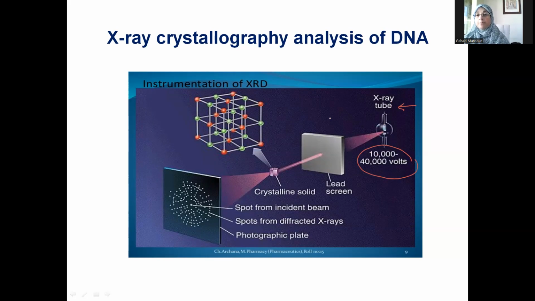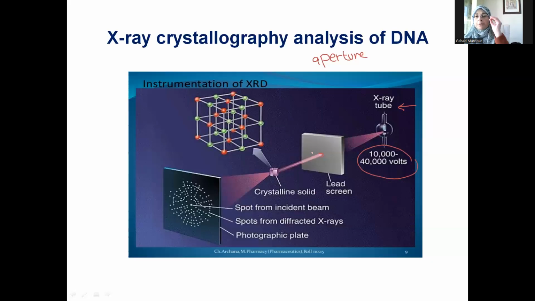This X-ray will pass through a lead screen. As you know, the lead screen prevents the passage of X-rays. That's why in the past, people who worked in the field of X-ray used to stand behind a lead screen in order to protect themselves. So when you have a lead screen that only has a small aperture, a hole in the middle, then all the X-ray will try to pass through that hole.